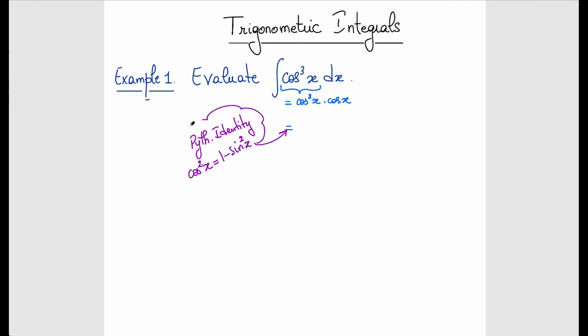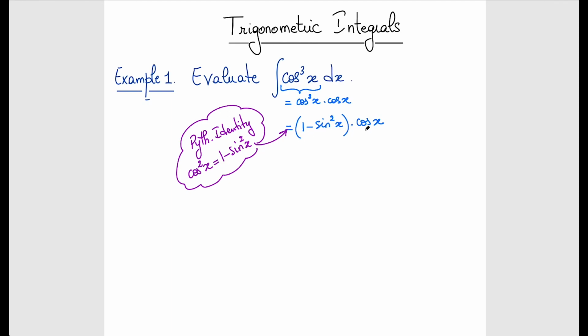Remember the Pythagorean identity is cosine squared x plus sine squared x equals 1. So cosine squared is 1 minus sine squared, and we obtain 1 minus sine squared x times cosine x, correct? We rewrote cosine squared via this identity as 1 minus sine squared.